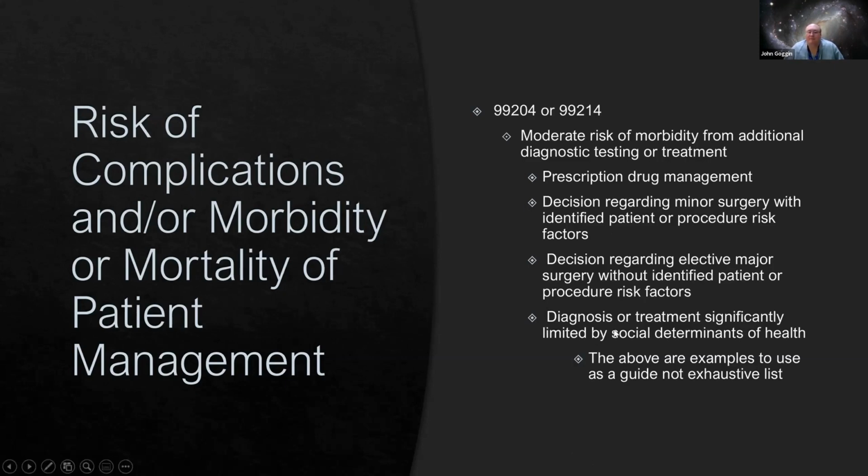And then diagnosis or treatment significantly limited by social determinants of health. That is kind of a confusing statement, but it's word for word out of that matrix. That's essentially where the patient's treatment plan is going to be limited by their ability to participate in their own care.